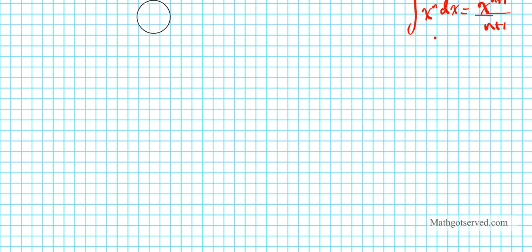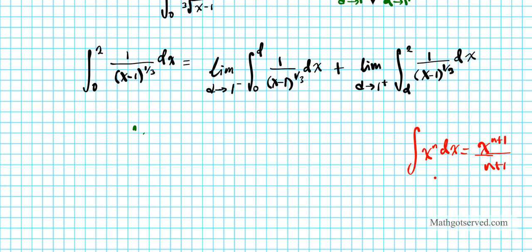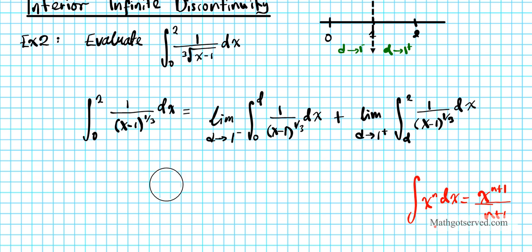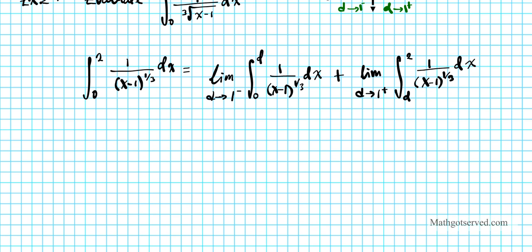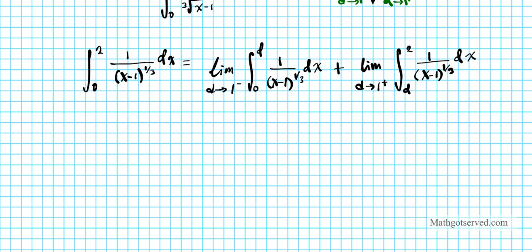Okay. All right. So let's see, what do we have here? We have these two limits of integrals. So we already know what the value of the indefinite integral is. So we're going to have the limit as d approaches 1 from the left of 3 over 2 x minus 1 to the 2/3.